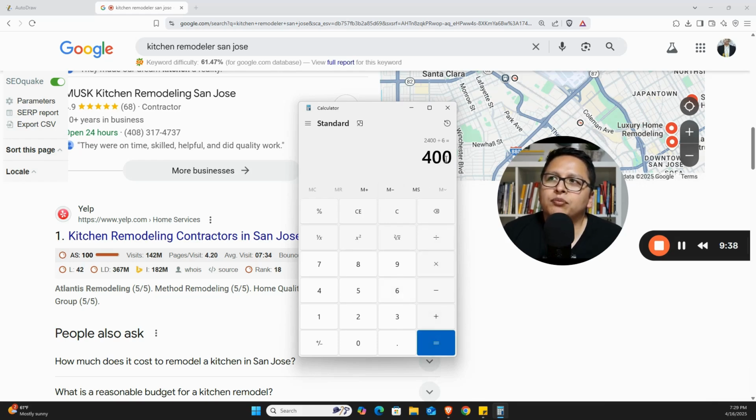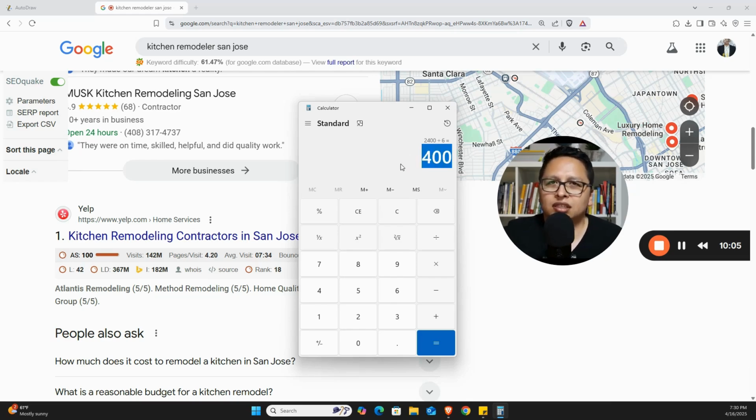So $400 over 6 months, it's a lot easier for clients to see, and they're like, okay, that's doable. That would be part of why we break it up into a 6-month campaign instead of just saying, oh, first month it's going to be $15,000. It's just too much for people to wrap their head around.